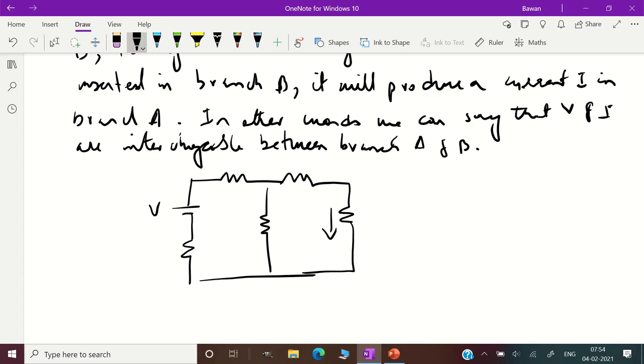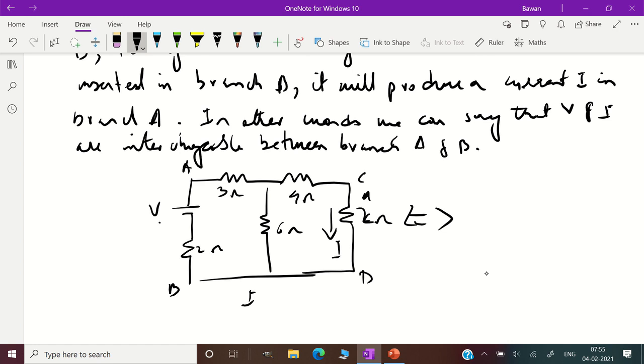Let me write the values so that it is clear: 2 ohms, 3 ohms, 4 ohms, 6 ohms, and this also 2 ohms. If I find the current through this branch, called CD here and AB there, then I can interchange V and I.